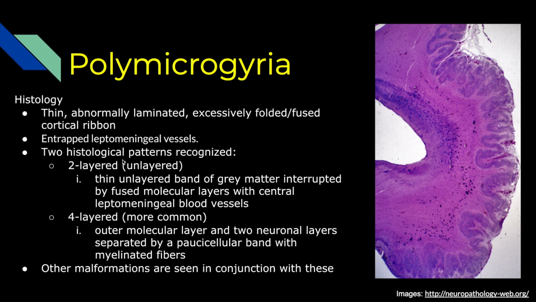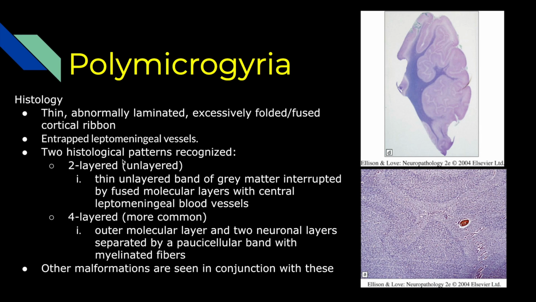So it's often seen concurrent with other findings, and of course, even in acquired conditions like CMV, look for your viral inclusions, look for other areas of hypoxic injury to suggest a kind of more diffuse process.